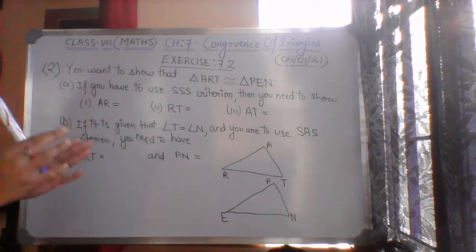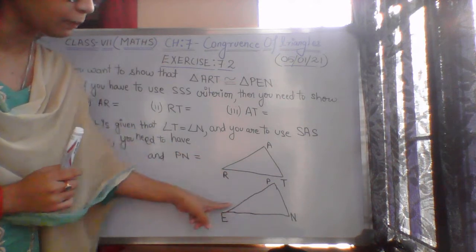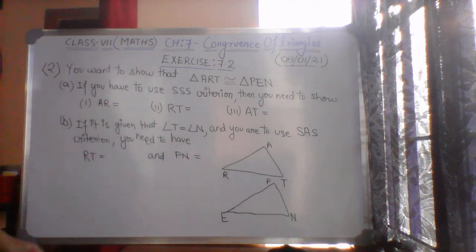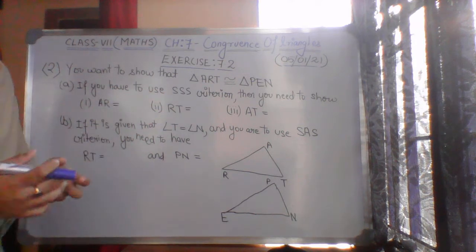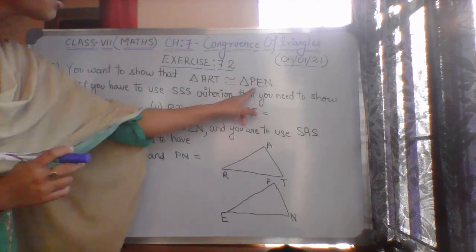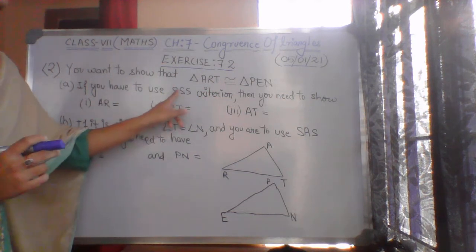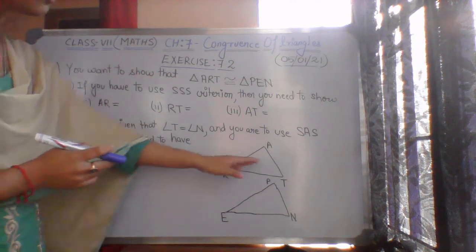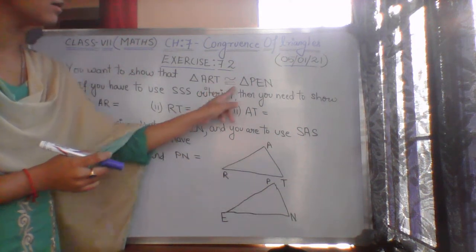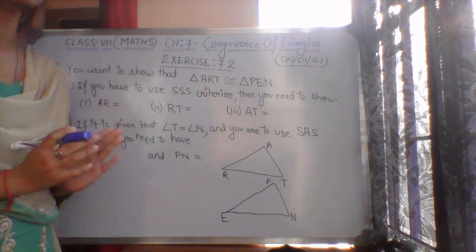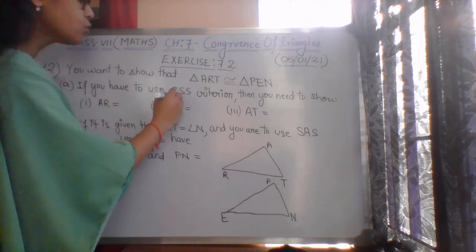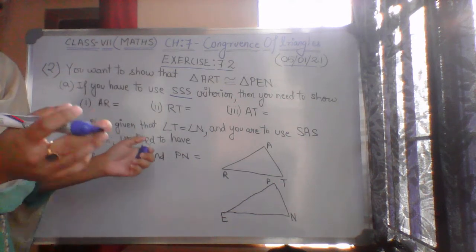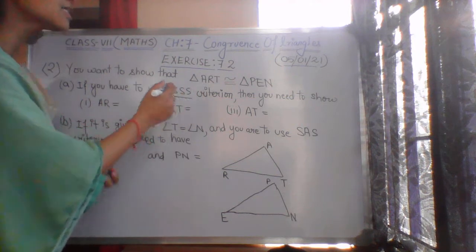You want to show ART triangle and PEN triangle are congruent by SSS. So what do you have to make equal in both the triangles so that SSS can be applied?